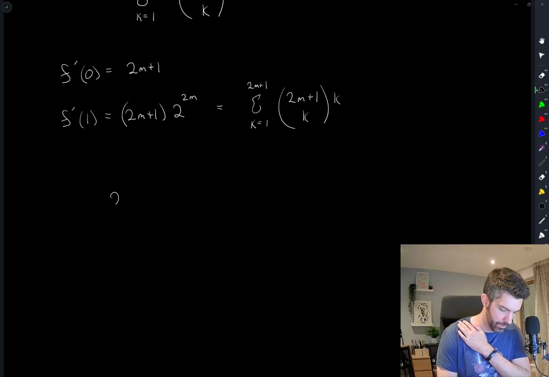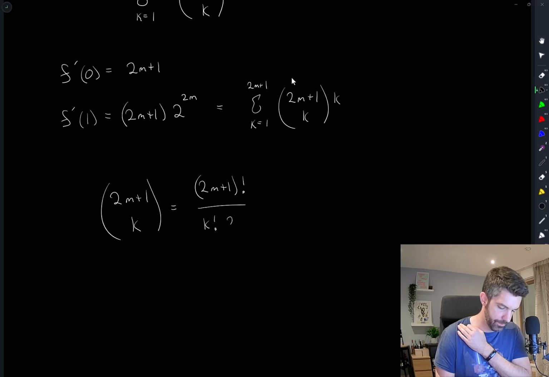Let's write out (2m+1 choose k). That's equal to (2m+1)! divided by k!(2m+1-k)!.